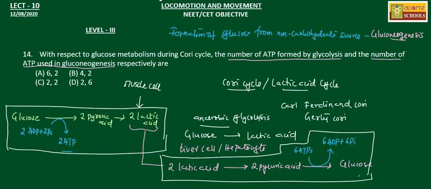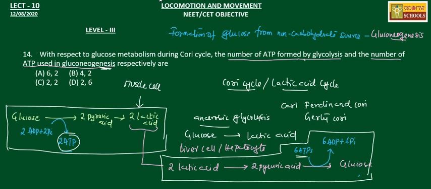Now with this cycle we will understand. They ask the number of ATPs formed by glycolysis. We know there are two ATPs formed during glycolysis, and the number of ATPs utilized in gluconeogenesis will be six ATPs.